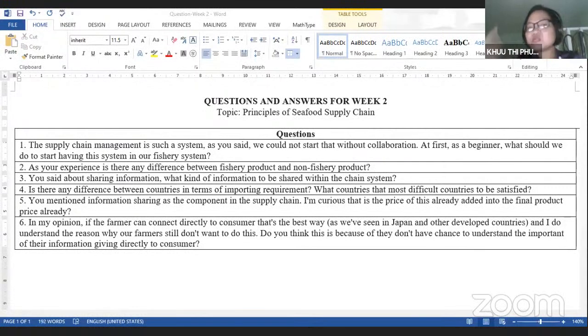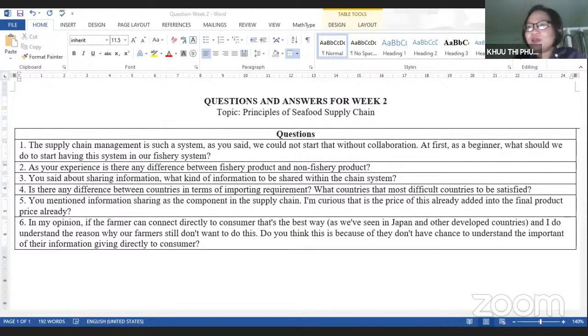So before we think about a complete supply chain, we should think about how to share with them the benefit. What benefit will they get when they integrate? How much cost do they have to invest to join the supply chain game through integration?